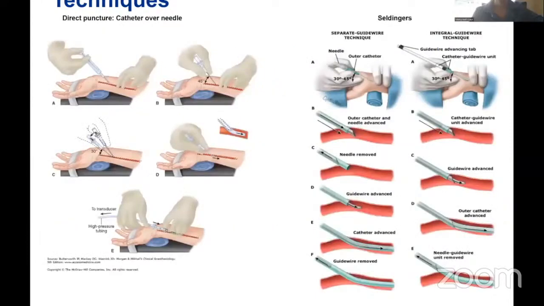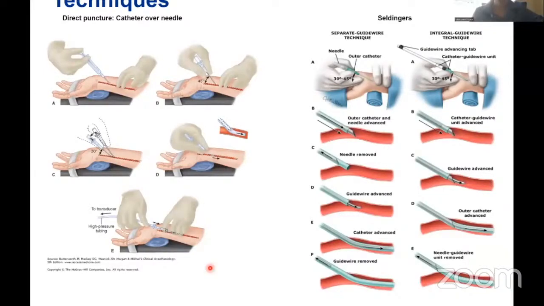For all approaches to arterial catheterization, the operator's non-dominant hand gently palpates the artery, while the dominant hand manipulates the intravascular catheter. For the direct puncture approach, first start with a 45-degree angle, enter the vessel, then reduce to 30 degrees and advance slowly until pulsatile blood return is obtained.